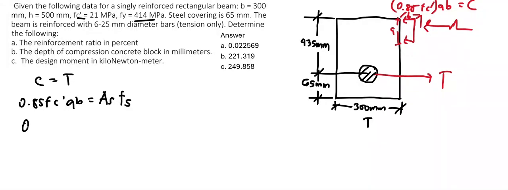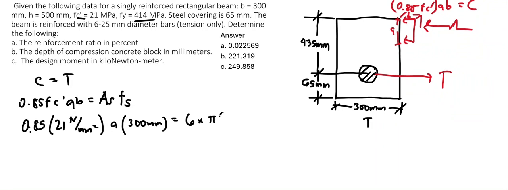So we have 0.85 Fc prime of 21 Newton per millimeter squared times A times B of 300 millimeters equal to the area of steel, that is 6 times pi 25 millimeters squared over 4, times Fs, that is 600 times d minus c over c.